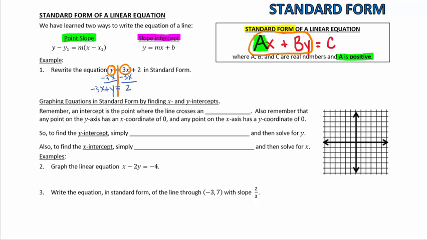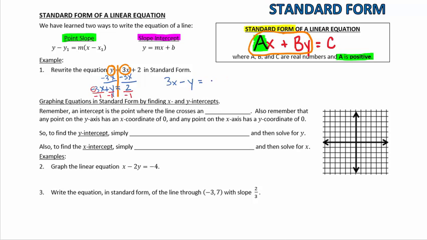Now the problem I have is that a is negative. So I have to either multiply or divide everything by that negative. If I divide everything by negative 1, negative 3x divided by negative 1 makes positive 3x. Positive y divided by negative 1 makes negative y.